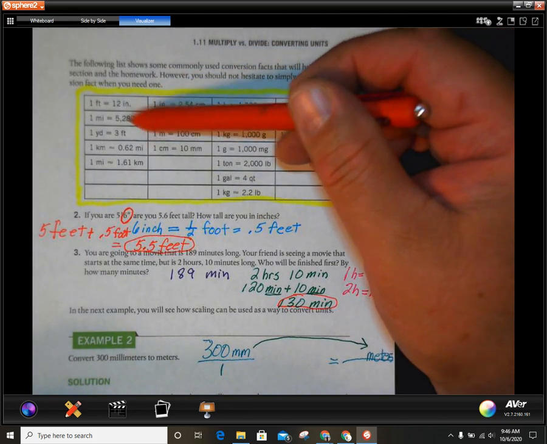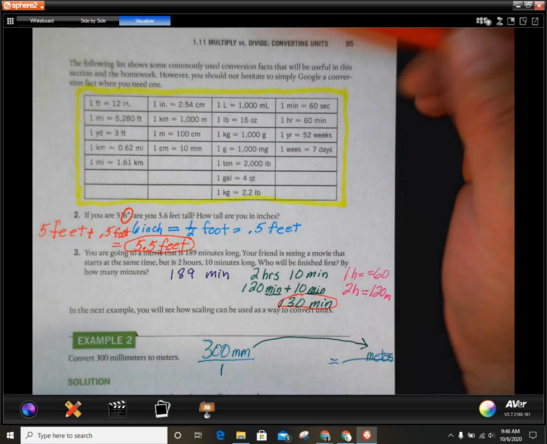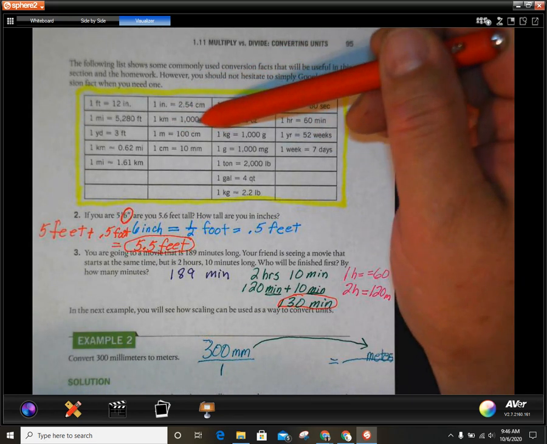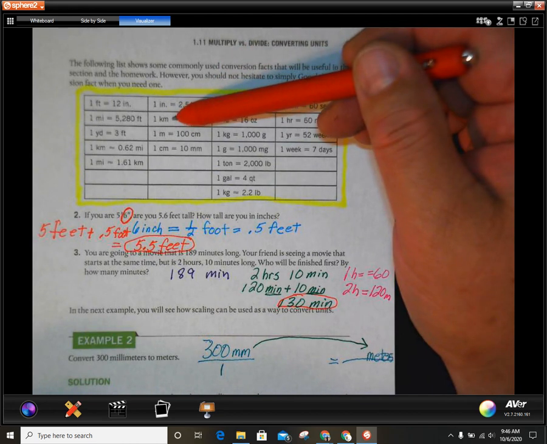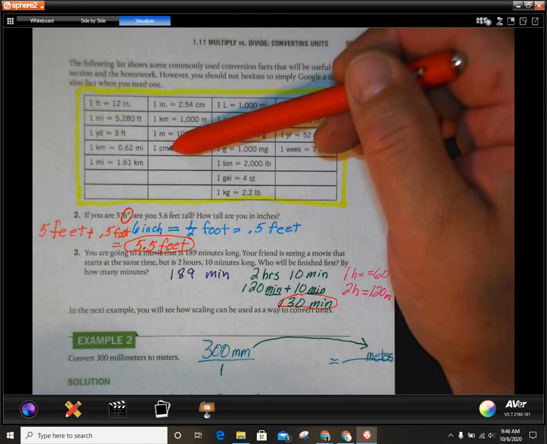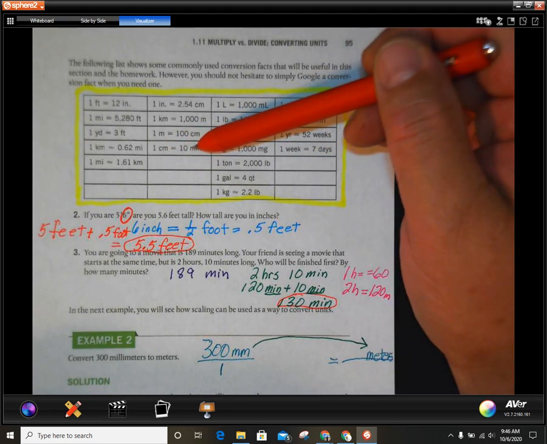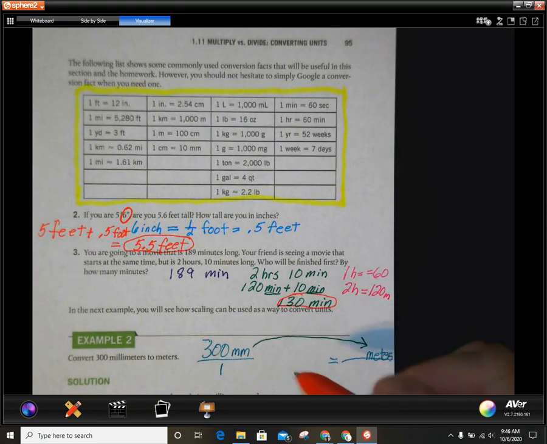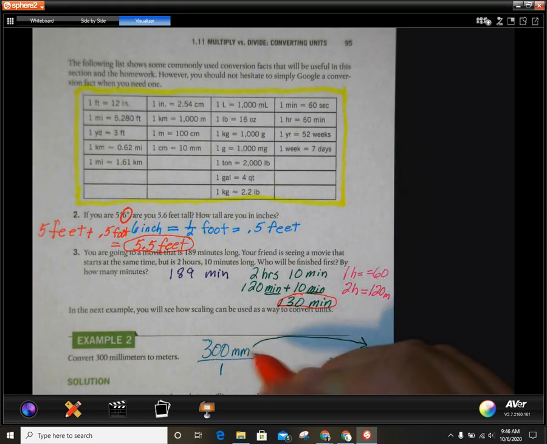Let's see, inches, this is standard. I got inches to centimeters. Well, we're not changing from standard to metric. Here's millimeters. It's going to tell me it changes millimeters to centimeters. So I can at least change millimeters to centimeters.